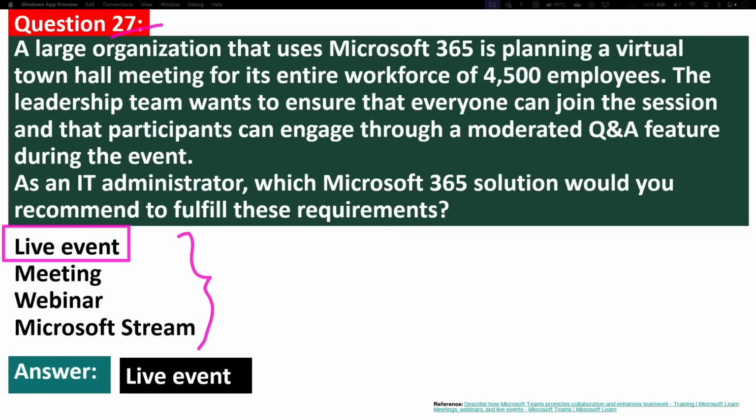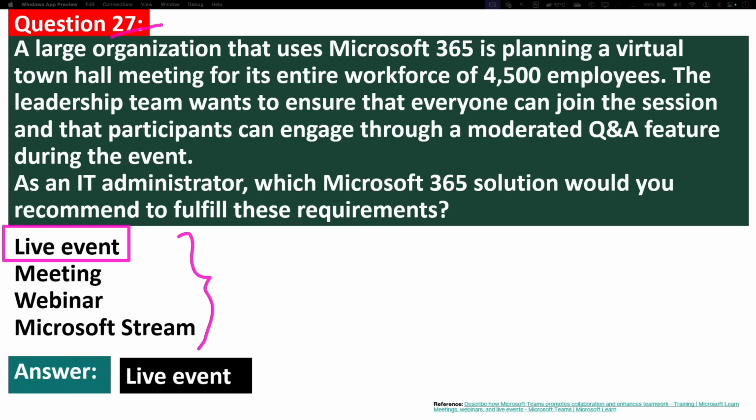Microsoft Teams Live Event is a feature within Microsoft Teams designed to broadcast video and content to large online audiences. It's ideal for situations where a few presenters need to communicate with many viewers, such as company wide announcements, webinars, or training sessions.